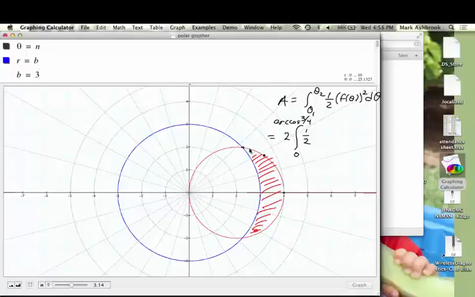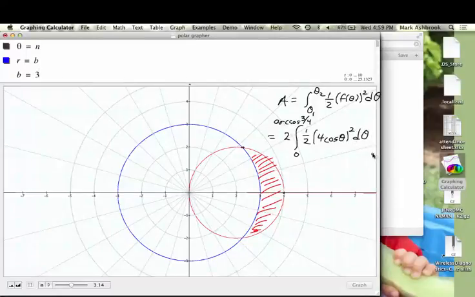So really, we've got the situation where we want the area between these two curves, the outer curve and the inner curve. To get the area between, we're going to subtract: outer minus inner. So let's just do it as 2 integrals.